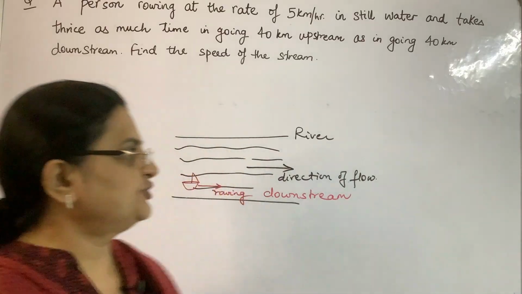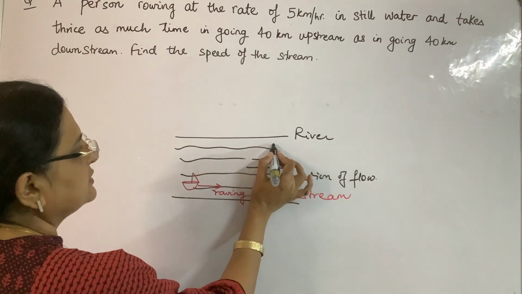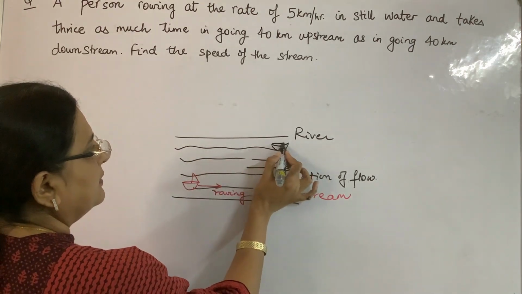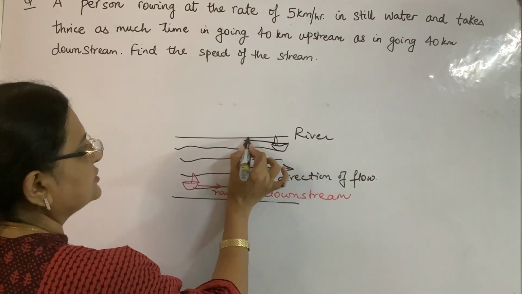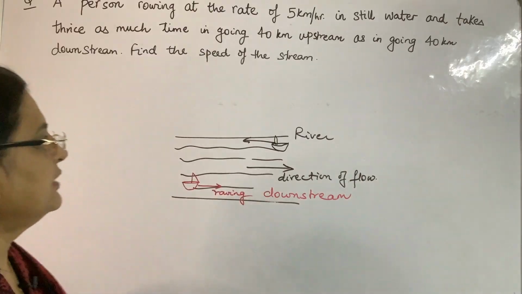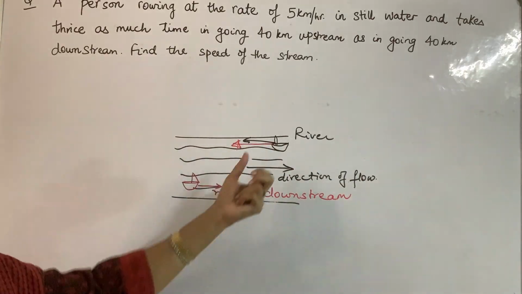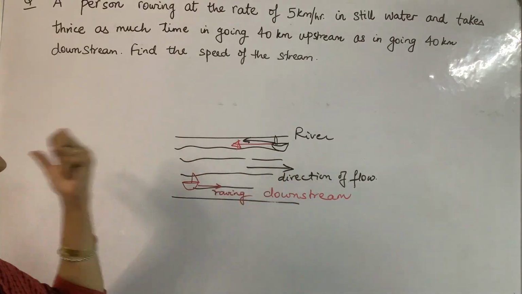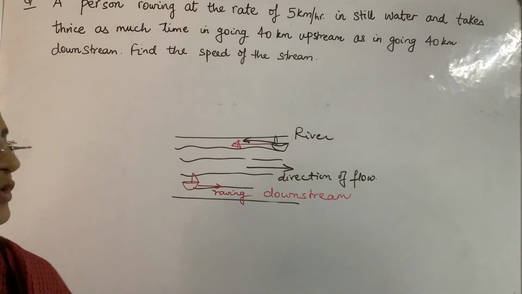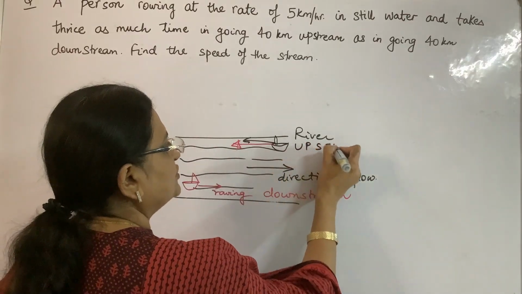Now what about upstream? This is the direction of flow. Now supposing the person decides to go in this direction. This is the direction of flow and this becomes the direction of rowing, opposite to the direction of flow. So this is known as upstream.